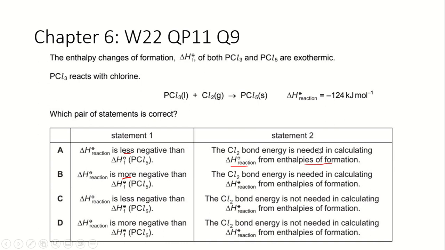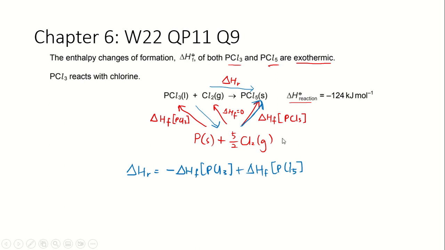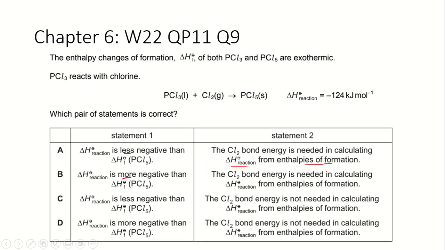Now, from the cycle that I've constructed, you can see that I did not put in any bond energy of Cl2 for my calculation of delta HR. If you look at this, there is no bond energy of Cl2 here. So for statement number 2, not needed. So the answer could be C or D. A and B say that the Cl2 is needed, so we rule these two out.